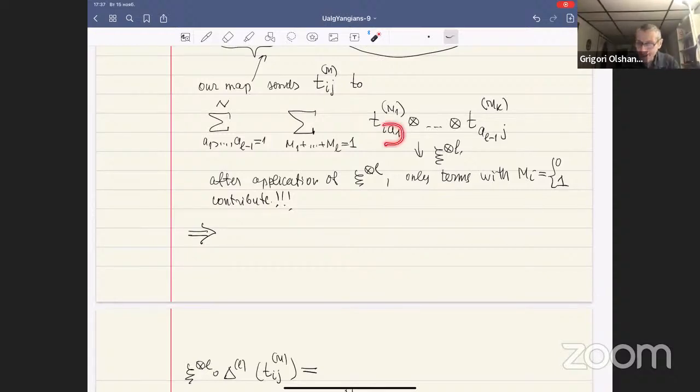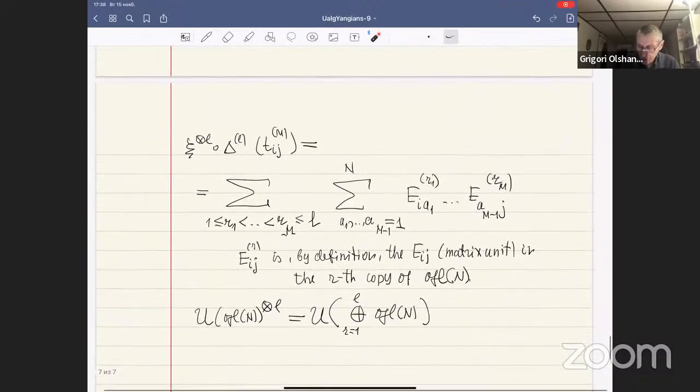And these Kronecker deltas are just the reason why the L copies here, the L summands here, turned into m summands here.